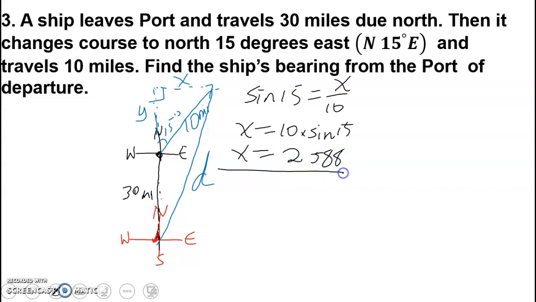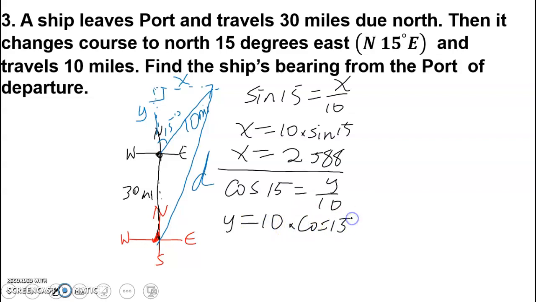Okay, we do the same thing for Y. So it's going to be adjacent, so cosine. So cosine 15 is adjacent over hypotenuse. So Y is going to be 10 times cosine 15, which is 9.659.